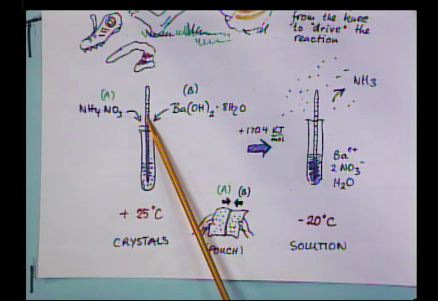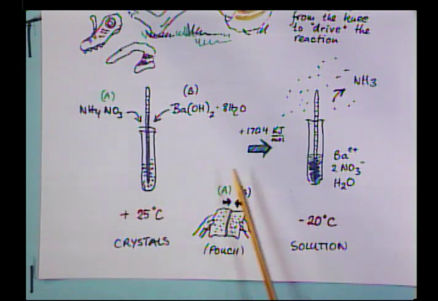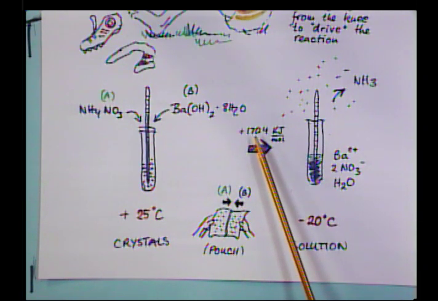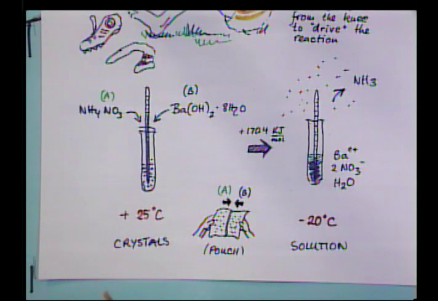And the thermometer is at 25 degrees, which is usually considered room temperature. And then when the heat is applied from the hot leg, or remember, body temperature is hotter than the environment, right? So once the energy is supplied, these chemicals react, and we get barium nitrate, water, and some ammonia vapors.